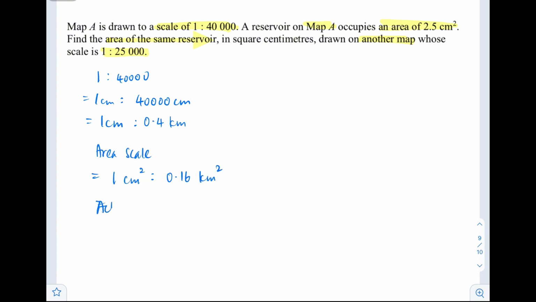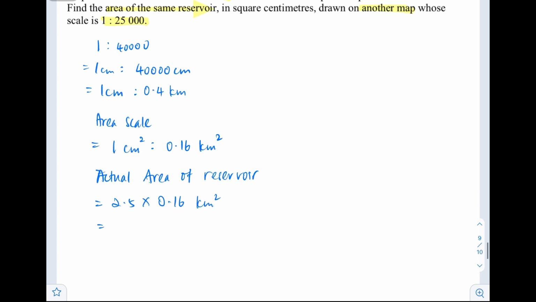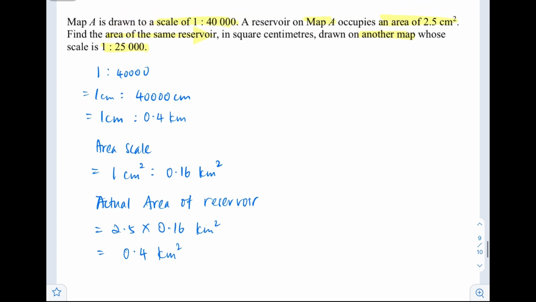So the actual area of the reservoir must be equal to 2.5 times 0.16 km squared. Since 1 cm squared represents 0.16 km squared, 2.5 cm squared would represent 2.5 times 0.16, which is 0.4 km squared. So the actual area of my reservoir is 0.4 km squared.